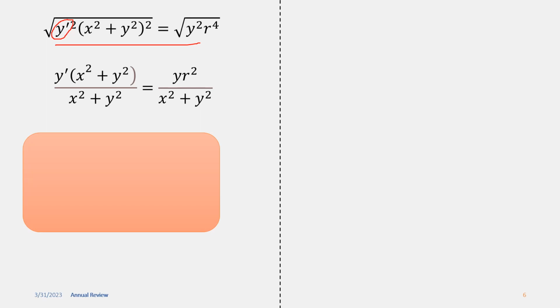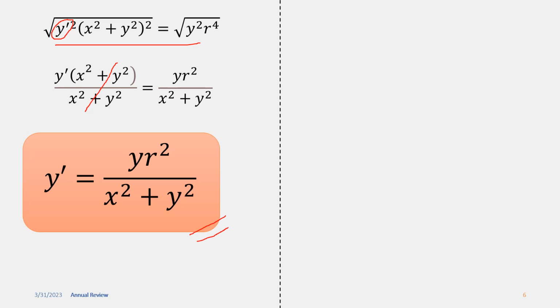Simplify. Therefore, the value of y prime is equal to y r raised to 2 all over x squared plus y squared. This is now the value of y prime, which is the y coordinate of the inverted point.